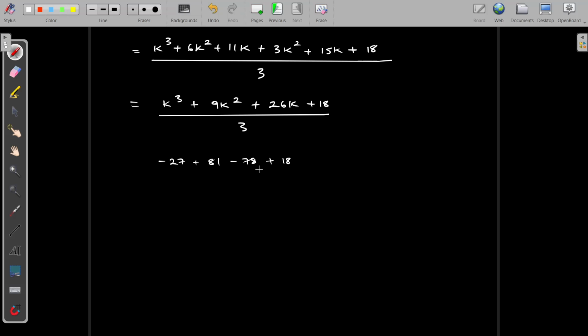So that doesn't work. Let's use negative 1. That wouldn't work either. Let's see, negative 1, that's 27. Yeah, negative 1 would work. That's negative 1 plus 9 minus 26 plus 18. Alright, so negative 1 is a factor.